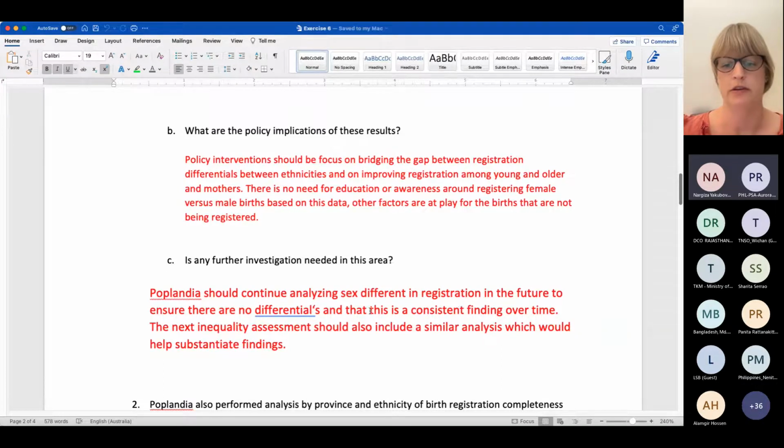So the recommendation is to check back again in 5 to 7 years time and make sure you still have the same finding. That would also help substantiate your findings. But at this point in time, it doesn't make sense to use your limited resources to educate people and improve differentiation between male and female births. It's more important to bridge the gap between the ethnicities or between the young or the older mothers.